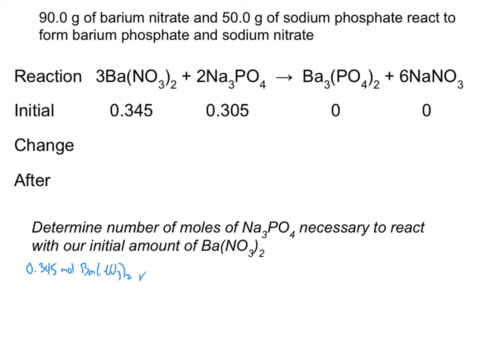And if we look at our molar ratio from our balanced chemical reaction of sodium phosphate, for every 3 moles of barium nitrate that we start with, which gives us 0.230 moles of sodium phosphate necessary to react with our initial amount of barium nitrate. So given the amount of barium nitrate that we have to start, we need 0.230 moles of sodium phosphate.